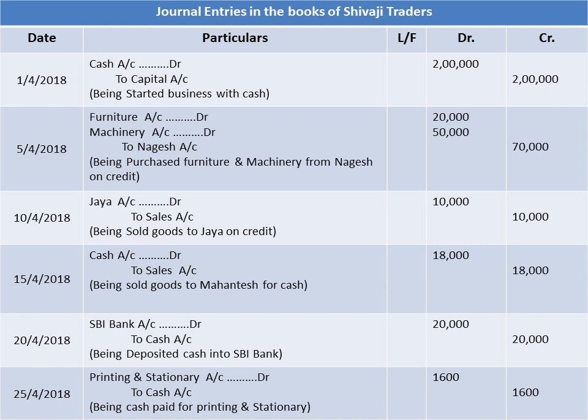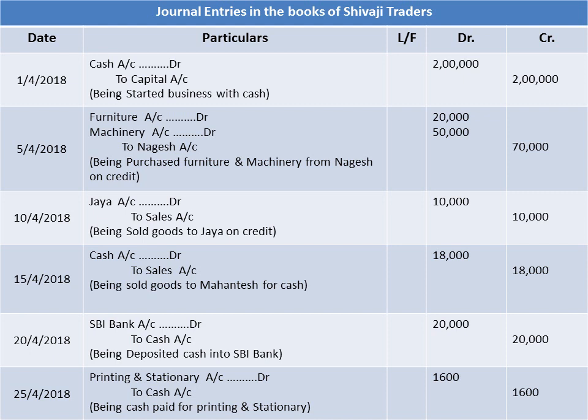And next, sold goods to Mantesh for cash of rupees 18,000. Cash account debit to sales account, being sold goods to Mantesh for cash. However, fifth one, deposited rupees 20,000 in bank.